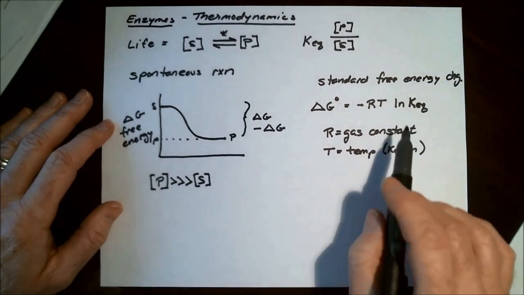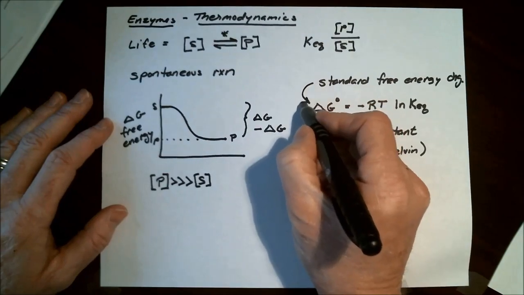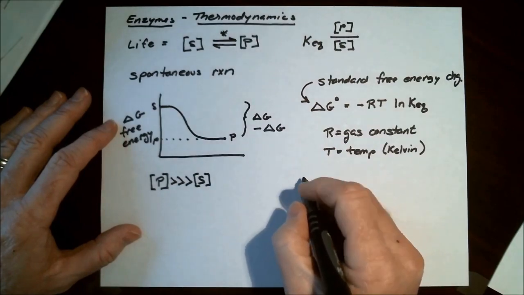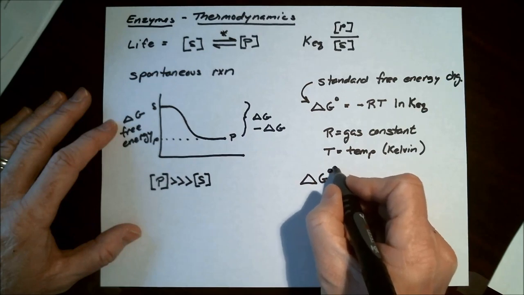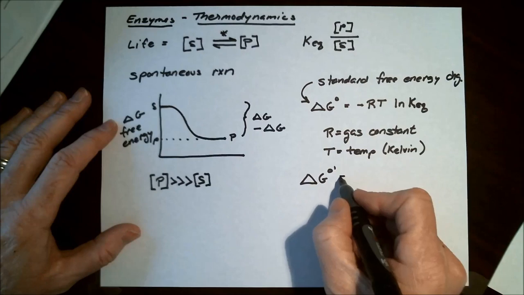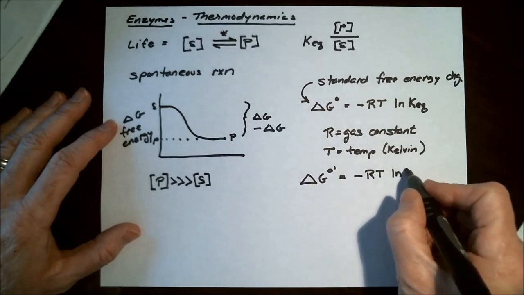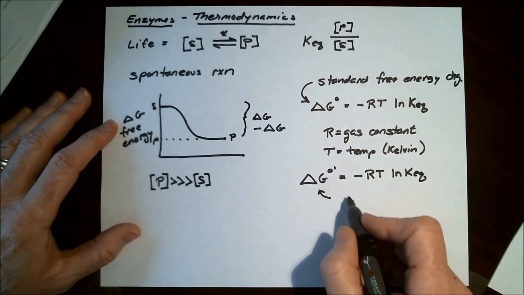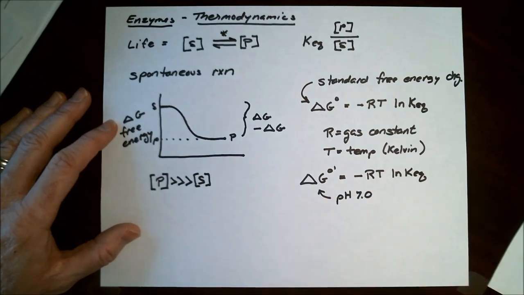Now, this is the standard free energy change, the delta G 0. But in biochemistry, we have another consideration to make, and that is the delta G 0 prime. And the delta G 0 prime in biochemistry is essentially the same equation that we see in chemistry, except that we now need to include the reaction occurring at pH 7.